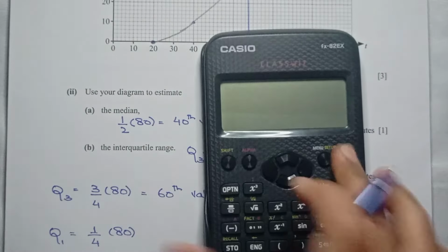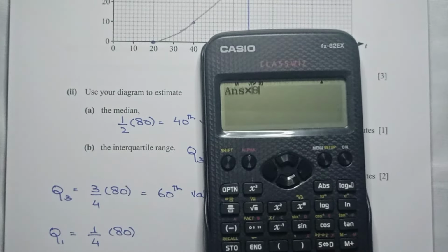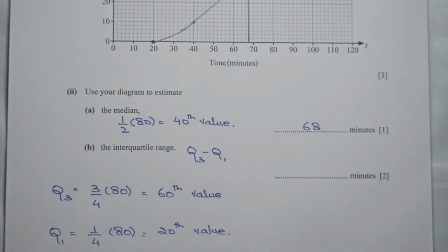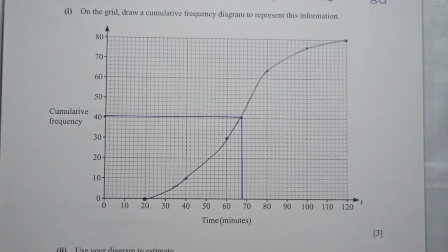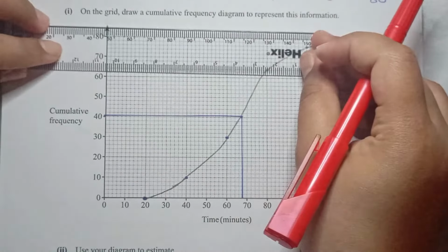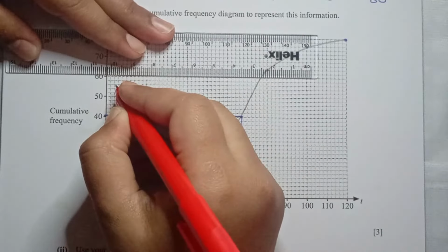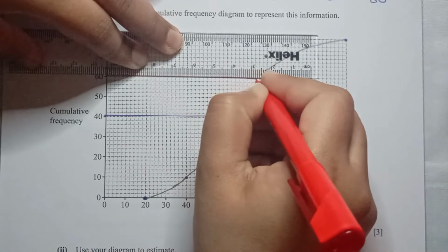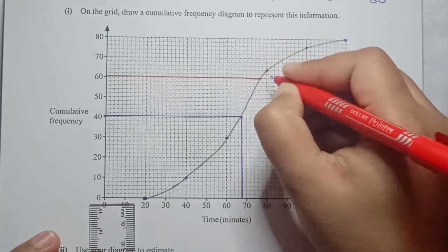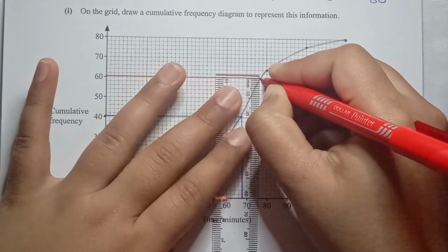Subtract Q1, that is 1 by 4th of 80, the 20th value. Okay. Now let me go back and find the 60th and the 20th value. So this would be the point 60. Let me draw a straight line from 60 and find the point.